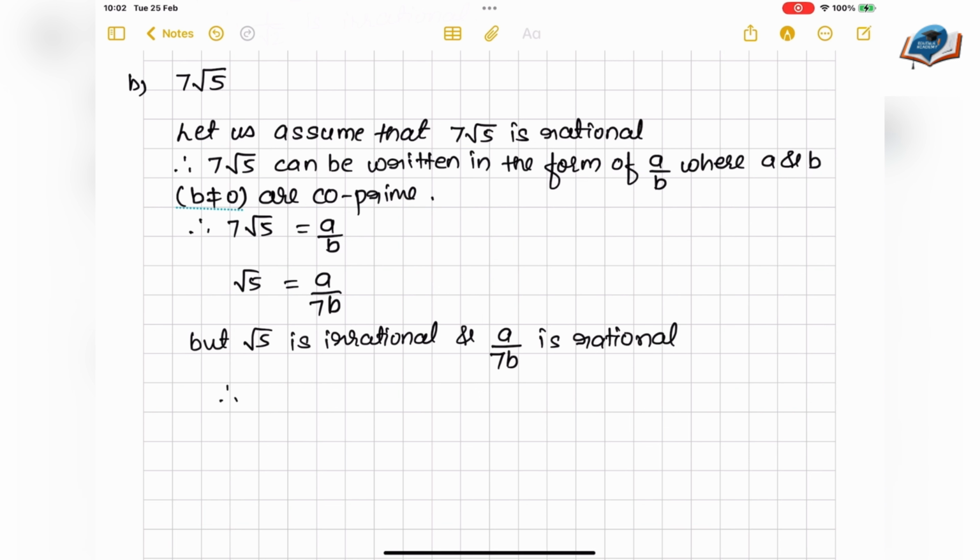Irrational can't be equal to rational. Therefore, this contradicts. Therefore, 7 root 5 is irrational.